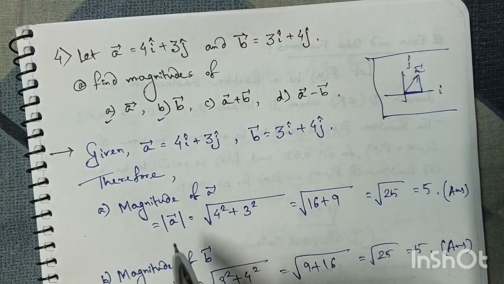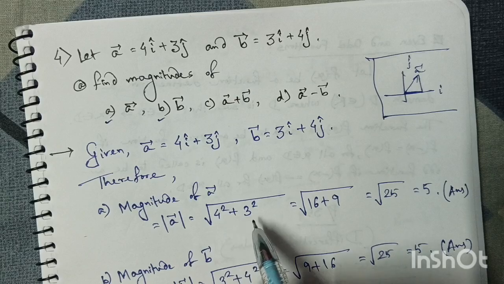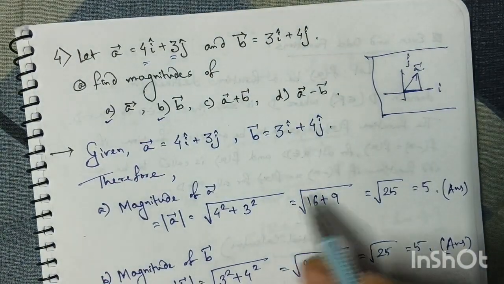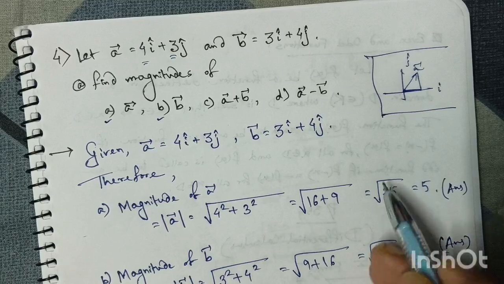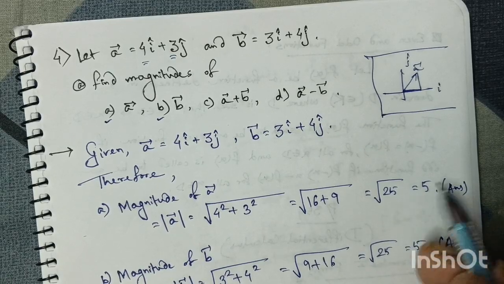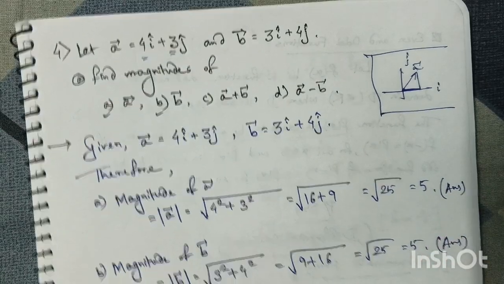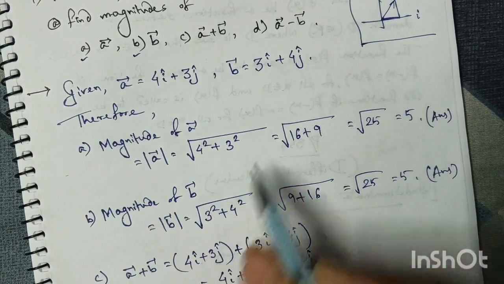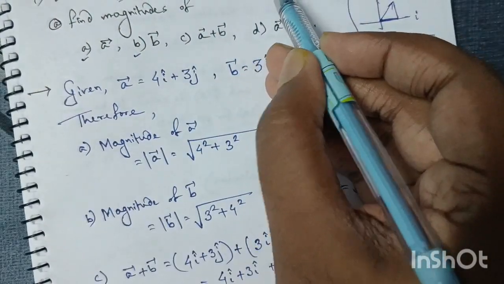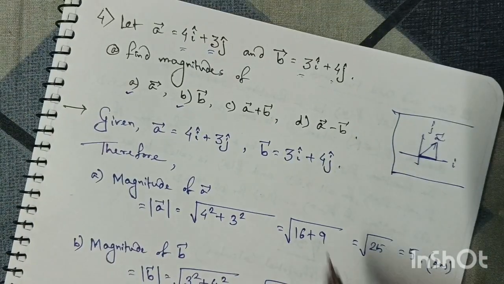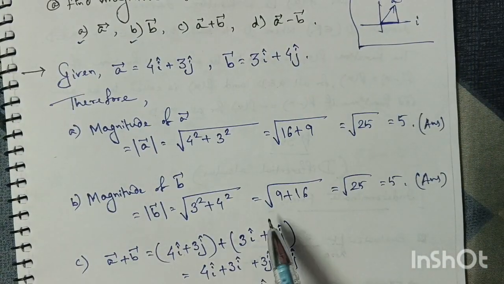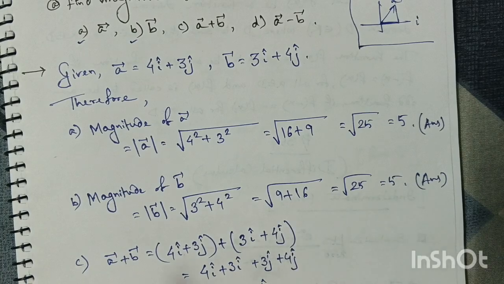So magnitude of A is equal to root over 4 square plus 3 square, this is 4, this is 3, is equal to root over 16 plus 9 is equal to root over 25 is equal to 5 and some unit if it has any. Similarly, magnitude of B is equal to root over 3 square plus 4 square is equal to root over 9 plus 16 is equal to 5.